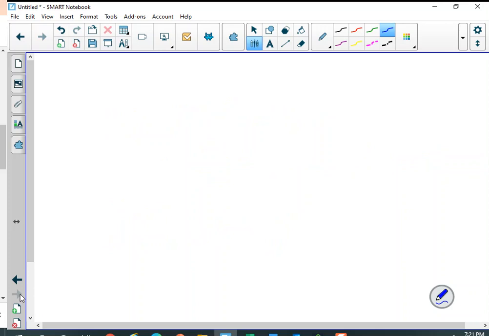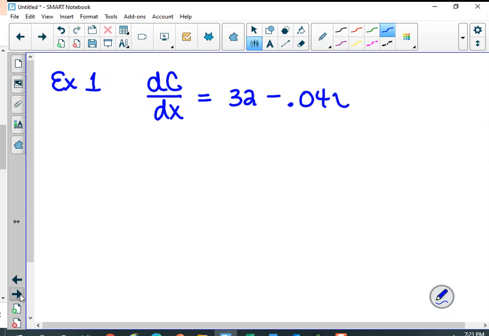So the first thing we'll be given is a marginal cost function. Let's say we're told that we have a marginal cost function dC/dx of 32 minus 0.04x, where x is the number of items produced.